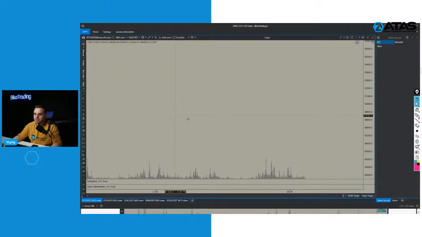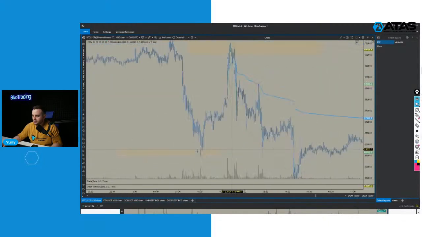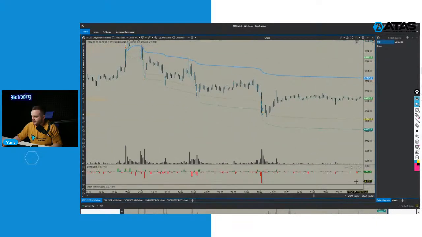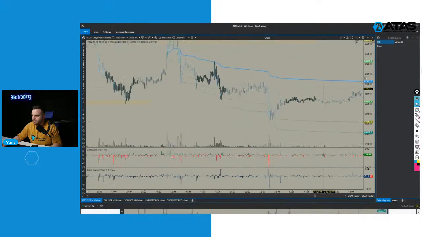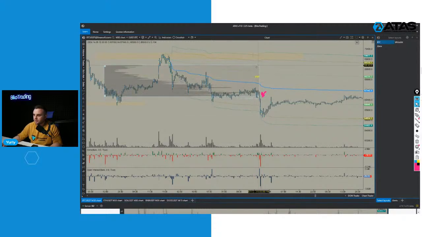Let me show you a few examples of how it works, even here on BTC. I remember at this moment, with my team, we traded a breakout here, because if you start building a volume profile, you would see quite a beautiful value accumulated here.